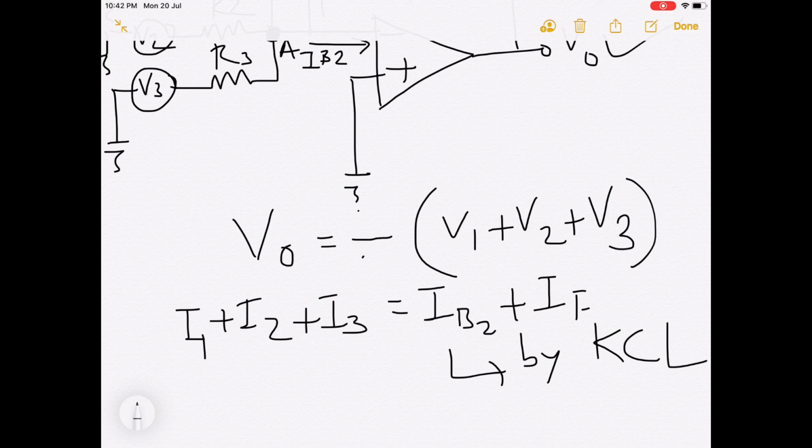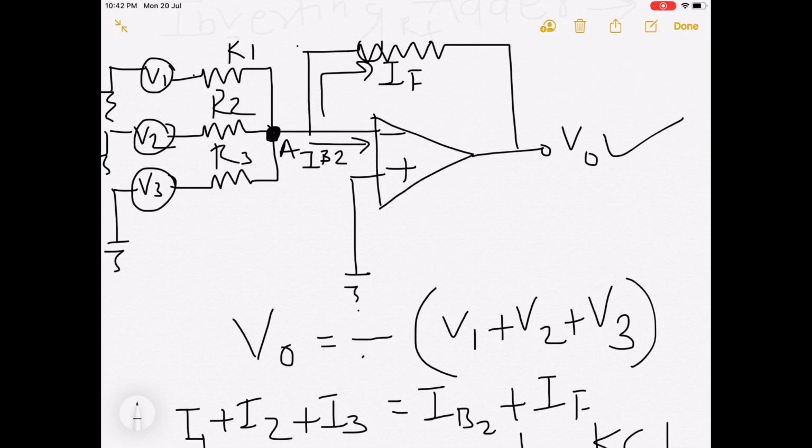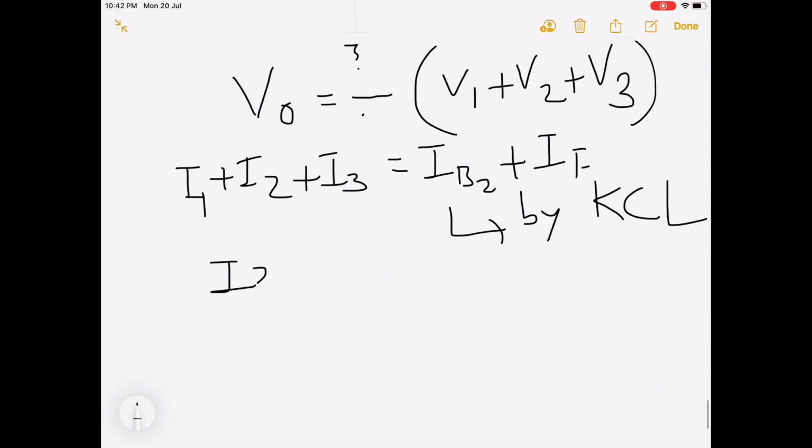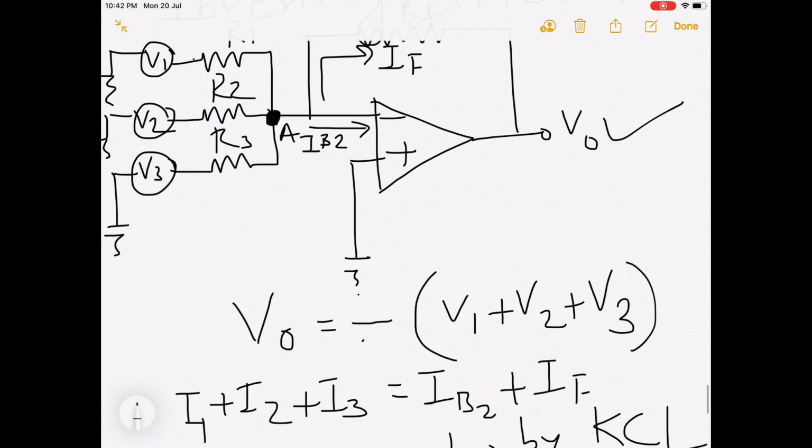Now, here as input impedance of op-amp is very high, IB2 current, that is input bias current, is approximately 0. Okay. And non-inverting terminal is at ground potential. That means by virtual ground concept, this voltage VA is also at ground potential. Okay.